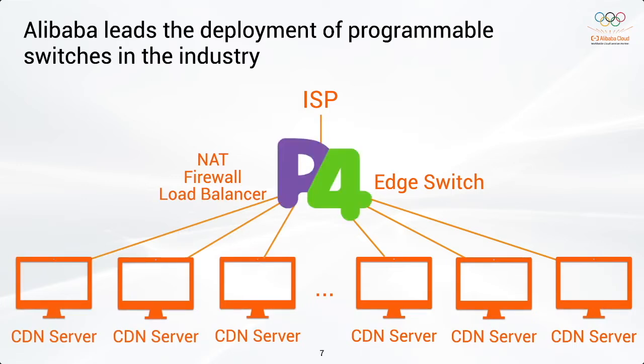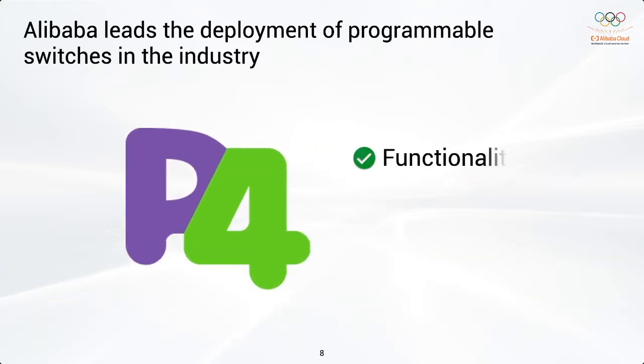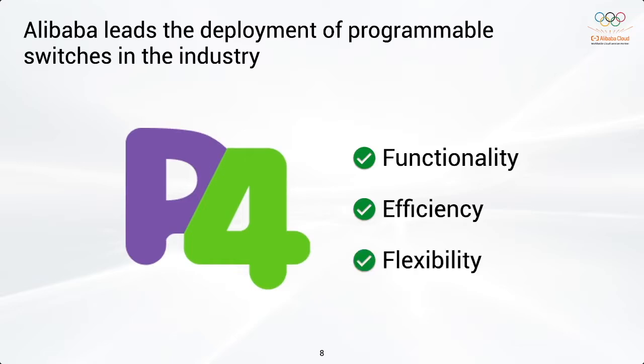Recent advances in programmable networks have enabled us to implement network functions using the P4 language. It gives us a cost-effective solution to greatly improve the performance of our edge networks in terms of both functionality and efficiency, as well as flexibility. Given these advantages, we have widely deployed programmable switches in our edge networks.